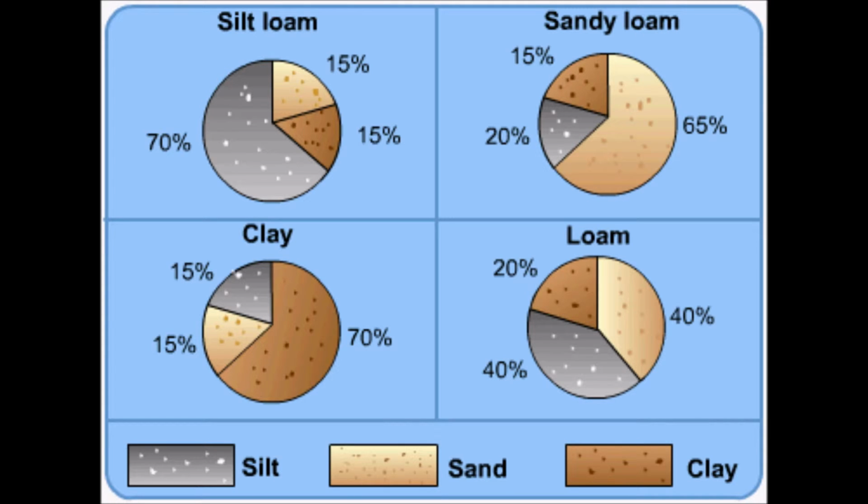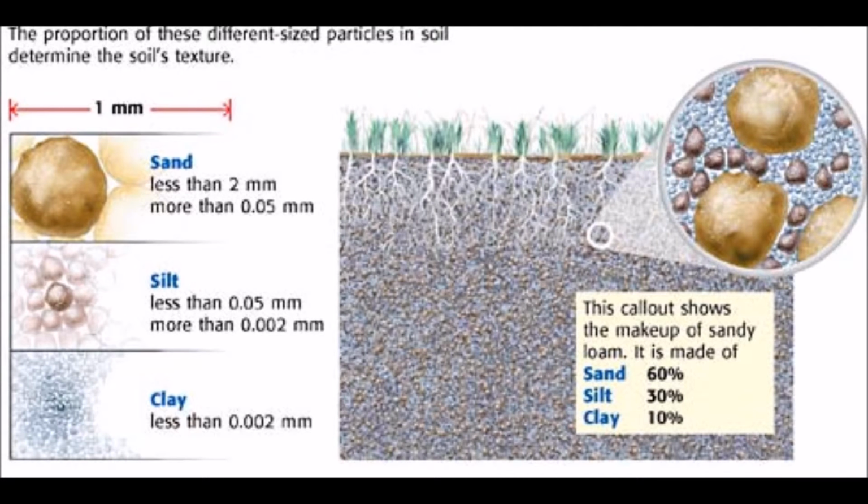Now, once we see that the old solid rock is broken down over time to become soil, we can look at the properties of that soil. Depending on the structure of the parent rock, soil will contain different ratios of sand, silt, and clay. Sand has the largest particles of rock, anywhere from 0.05 millimeters to 2 millimeters per piece.